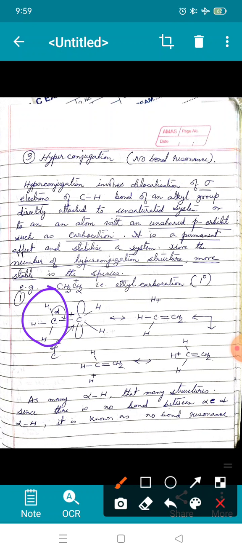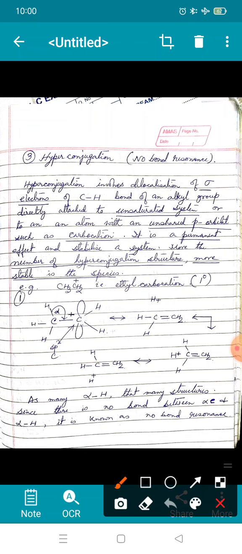Remember, alpha is the position with respect to the carbocation. So this carbon is called the alpha carbon, and the hydrogens attached here are called alpha hydrogens. As many alpha hydrogens as there are, that many hyperconjugation structures there will be. Since we have 3 alpha hydrogens, we will get 3 structures.